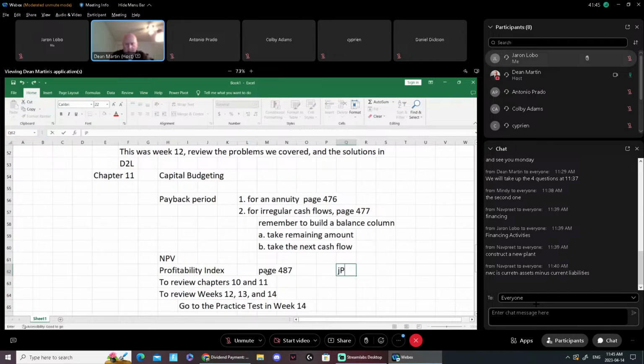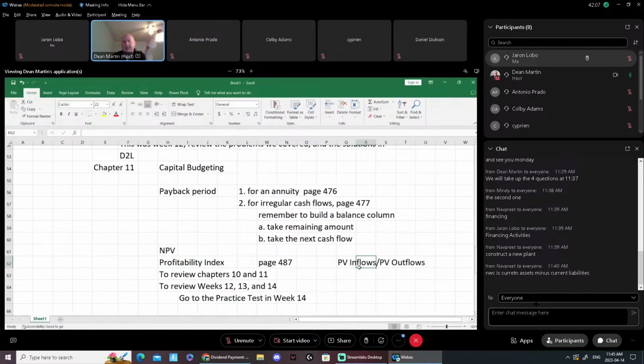of the inflows over top of the present value of the outflows. So once you've calculated the net present value, the net present value of all the inflows and outflows, keep that math from the net present value because you're going to reuse it for the profitability index.